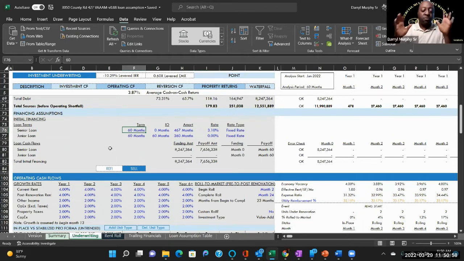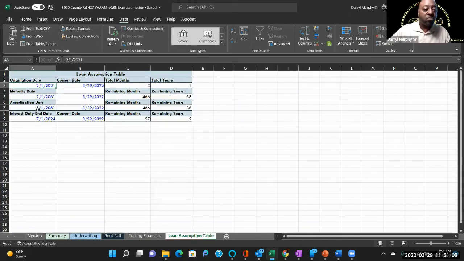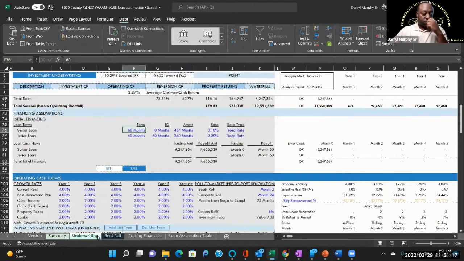Now you're probably saying, but Daryl, that's not the remaining months. Well, you're correct, because the remaining months is right here, 466. However, when you underwrite a loan assumption, you're still not going to underwrite for the remaining 466.